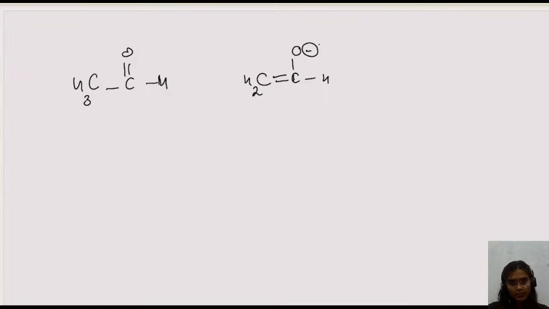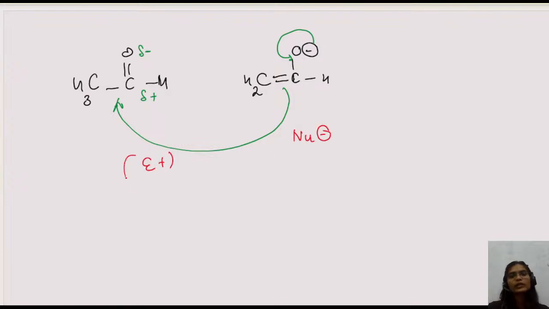So this O negative simply attacks here, and this bond attacks here. As you know very well, in this case this oxygen has a partial negative charge, and carbon is partially positively charged. So basically what is happening is a kind of nucleophilic addition reaction. This is behaving like a nucleophile, and this is behaving like an electrophile, because it's an electron deficient center.